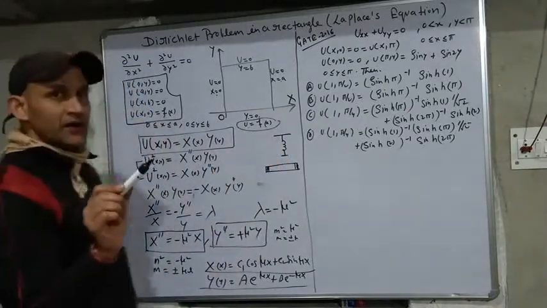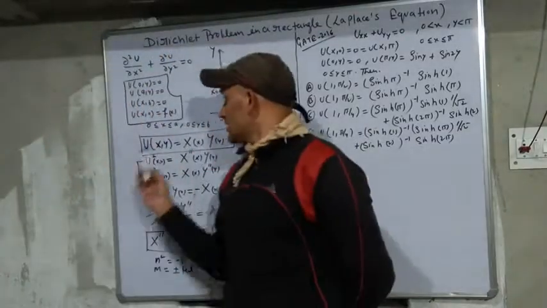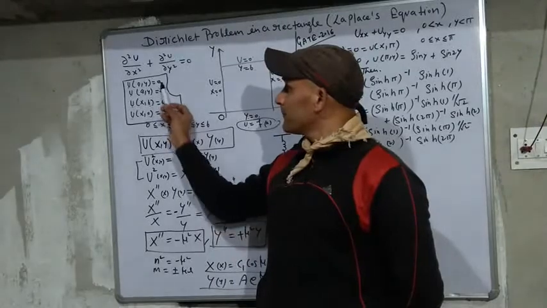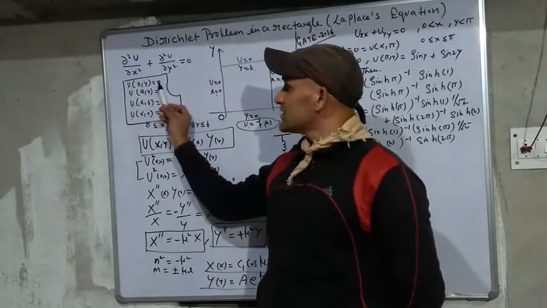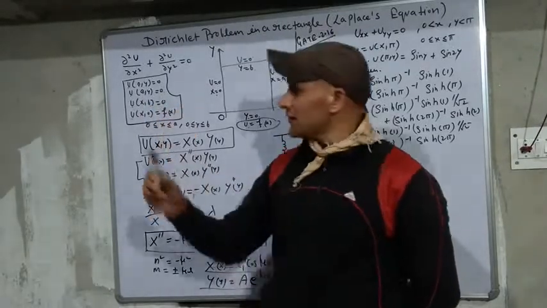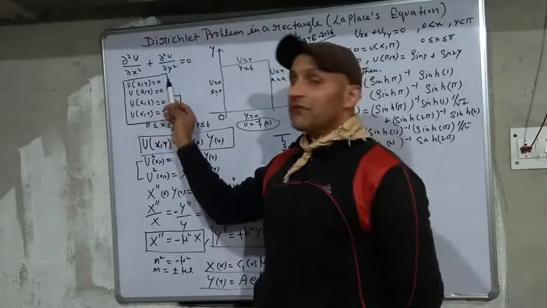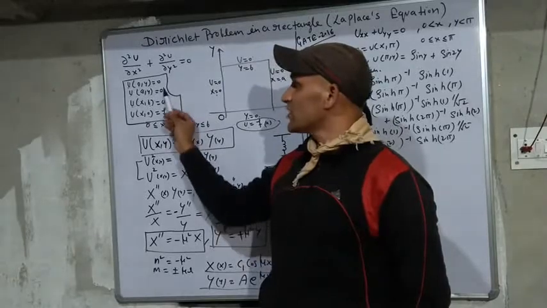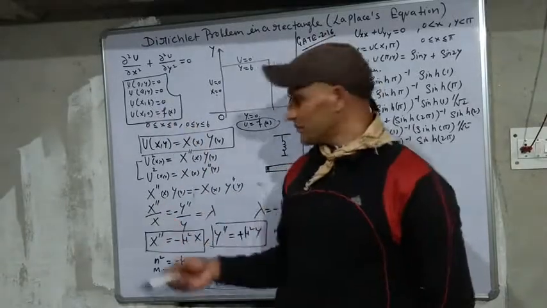So your examiner will put a different function in place of this. Here we have given 0, but maybe in the question they will give you a function. Suppose this is sin x or sin y, cos x, e to the power x, anything he can give you.